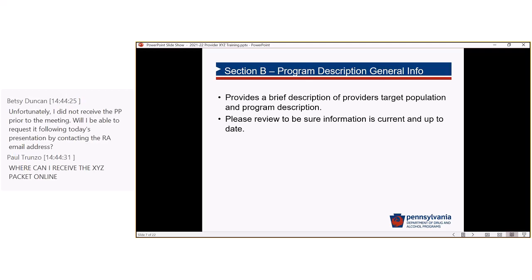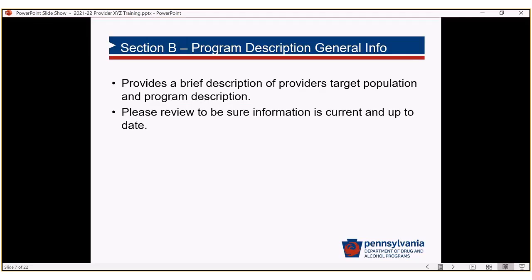Part B, or Section B, goes through basically a brief description of the services that you offer, the populations that you serve. We ask you to include the demographics of the population that you served within the last 6 months. We ask you to talk about your staff composition.